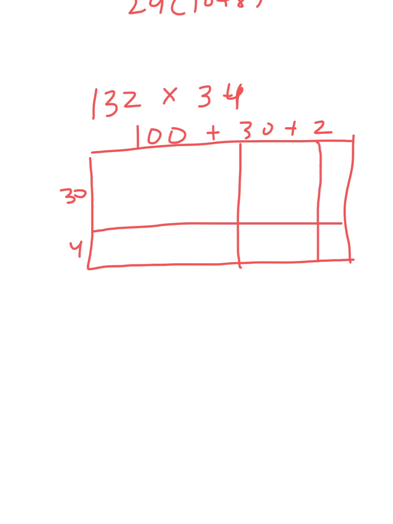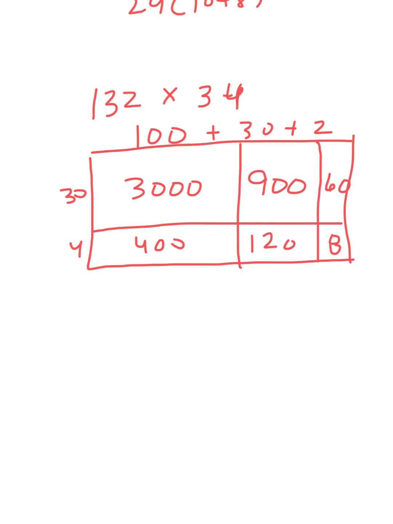So 132 times 34 the area model would be first 30 times 100, 3,000. 30 times 30, 900. 30 times 2 is 60. 4 times 100 is 400. 4 times 30 is 120. And 2 groups of 4 is 8.